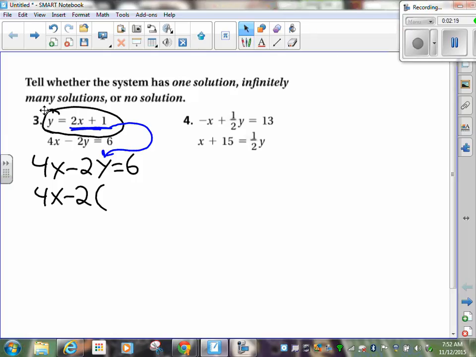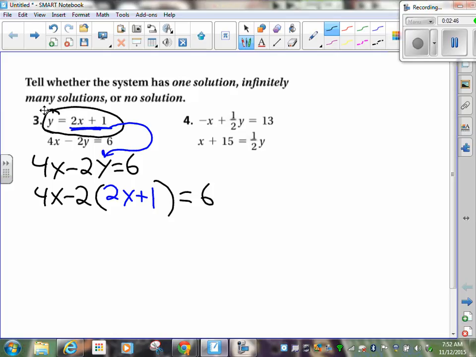Okay, let's take a look. If you were thinking 2x plus 1, which I've heard and saw a lot of people looking at and say, you are correct. And then you're going to have 4x minus 2 parentheses 2x plus 1 equals 6.